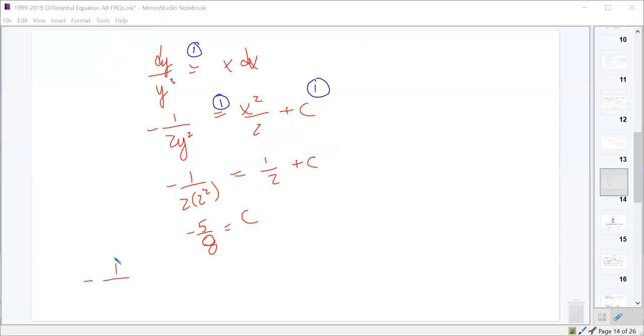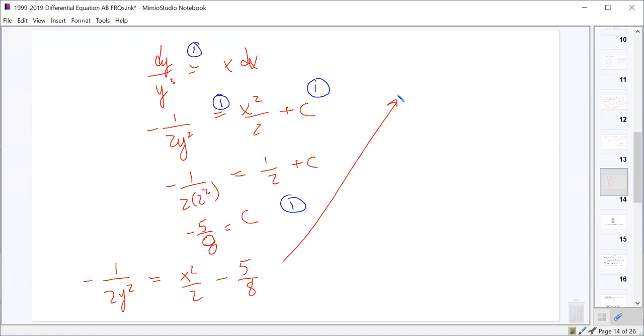And that's our fourth point. Negative 1 over 2y squared equals x squared over 2 minus 5/8. And then we're going to multiply everything by 2. Just to start with. X squared minus 5/4.